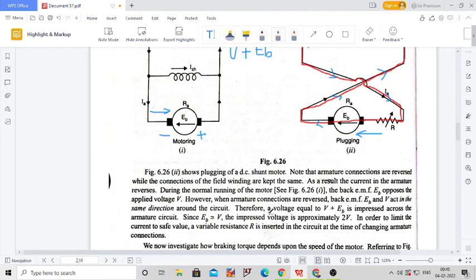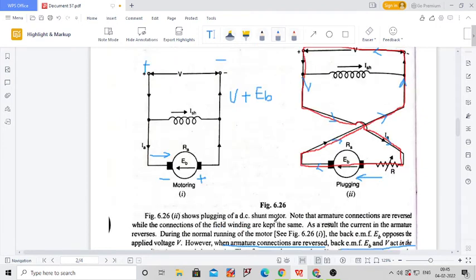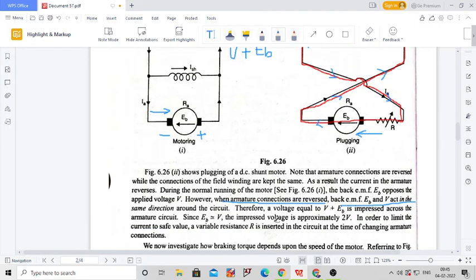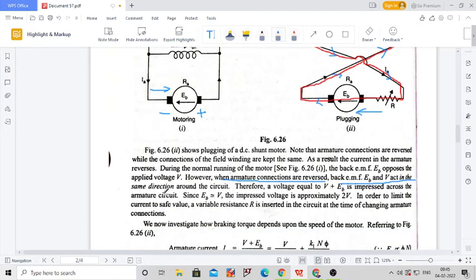Under this case, the voltage equals V plus EB, because as we reverse the direction of armature, the back EMF EB and V act in the same direction. As back EMF EB acts in the same direction, there will be addition of these two voltages. Therefore the total voltage across armature is equal to V plus EB.